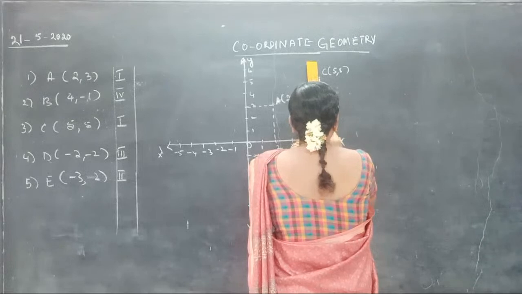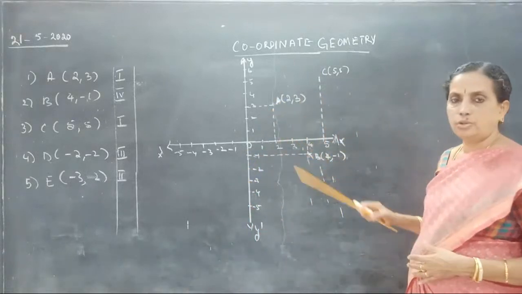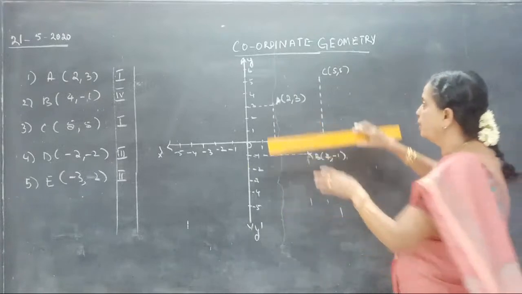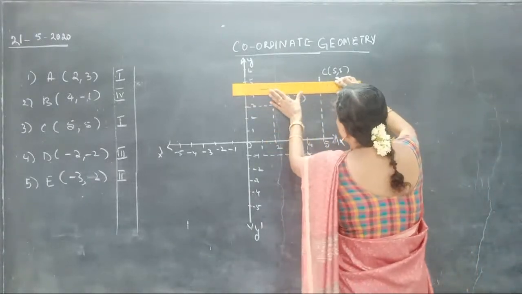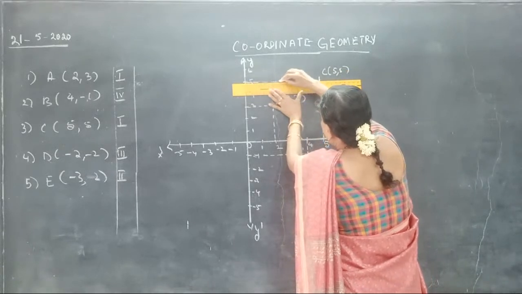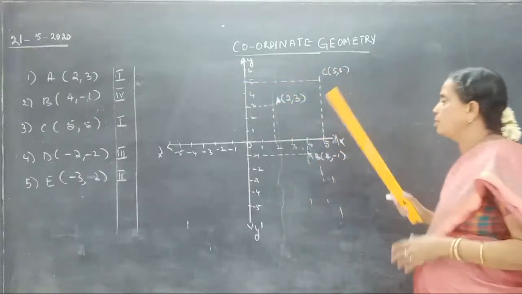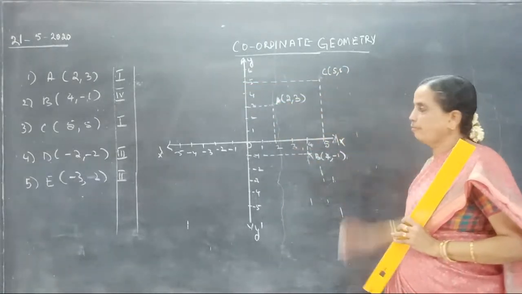You can use the color pencil also to highlight your answer, to highlight the points, the position in the different quadrants. Here comes the joining of the point C, which lies in the first quadrant itself.